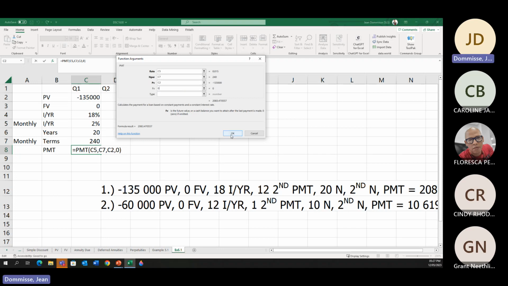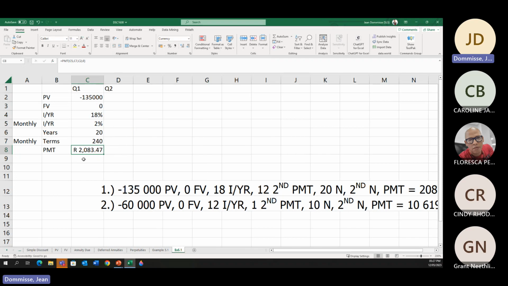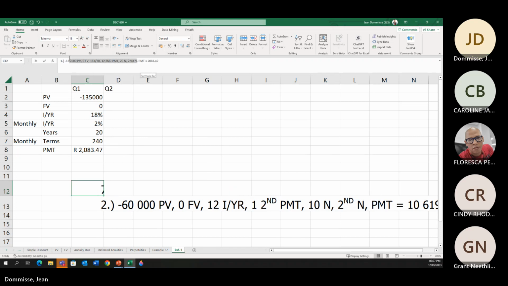No, the future value is going to be 0. So your payment on a monthly basis would have been 0.8347, and that's also what I get when I put those exact same numbers into a financial calculator.